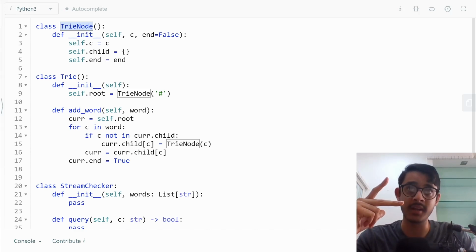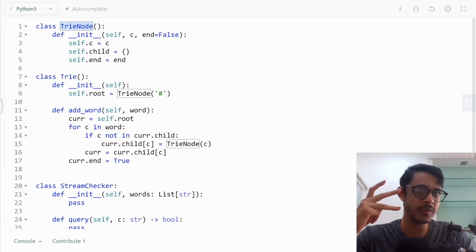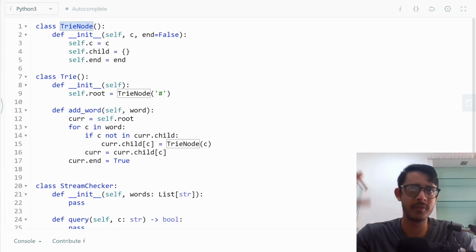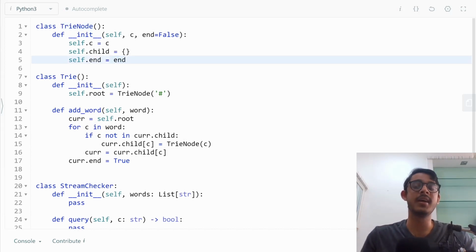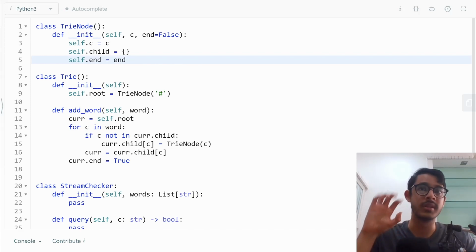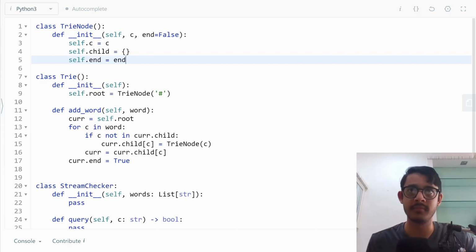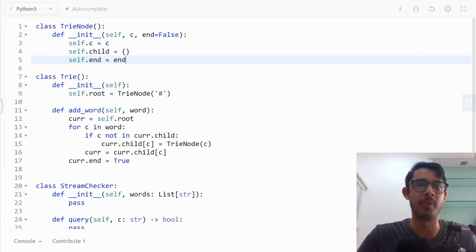What are the children of this particular character? And the third, which is the most important one and which some people can miss very easily, is self.end. This end is a boolean saying whether this particular node, this particular character, marks the end of a word or not. Very simple, but very important.